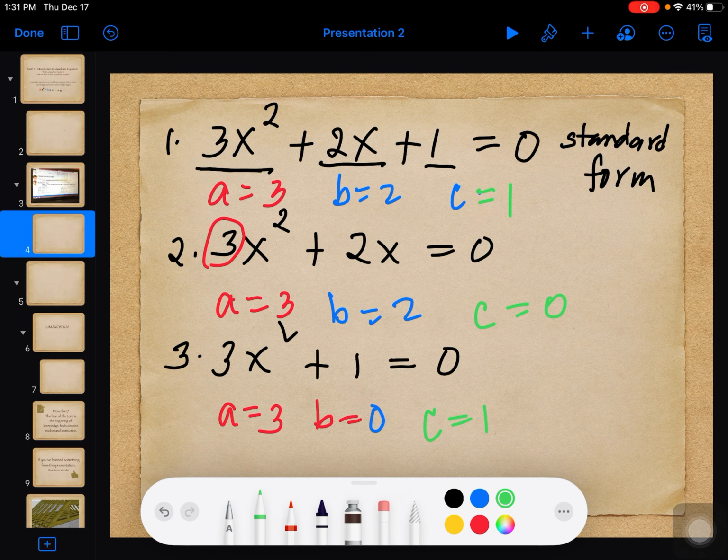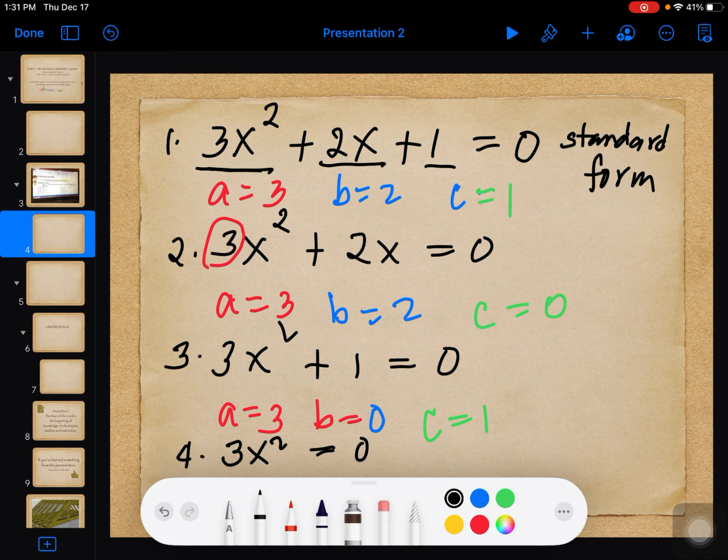All right. And then for my last example, so that you can come up with a full understanding of what the first degree term, the second degree term, and the constant term are, and then the values of a, b, and c. How do you identify? Now let's have my last example for this particular concept. We have 3x squared equals 0.